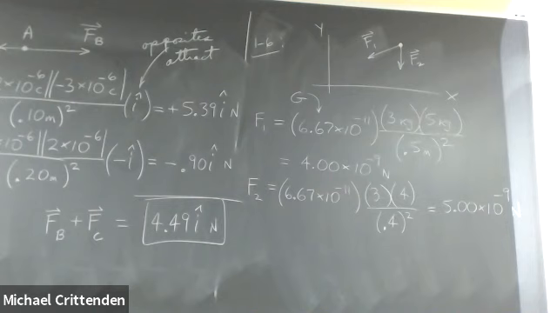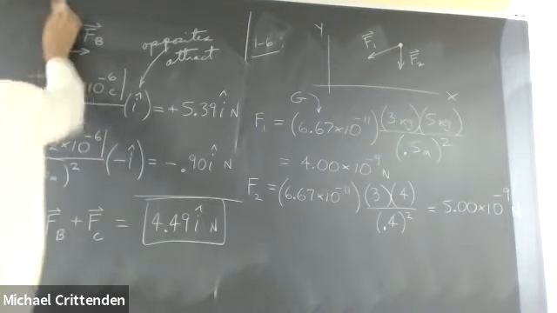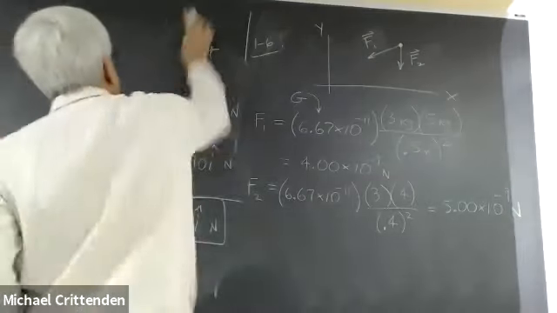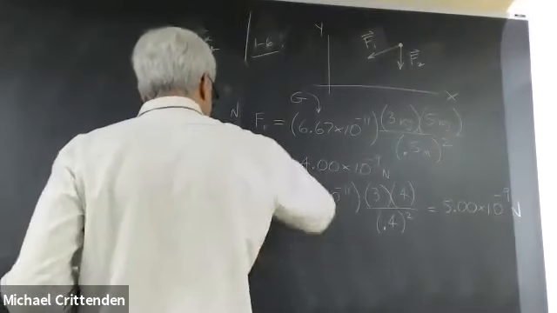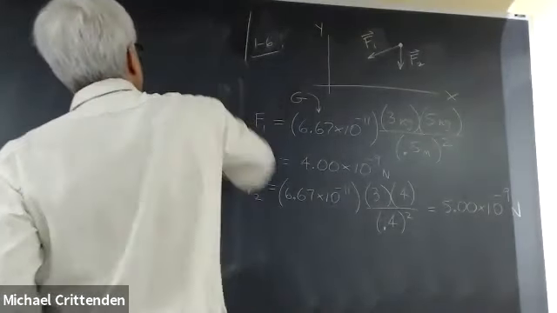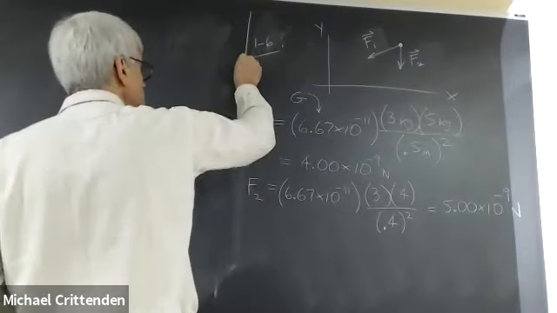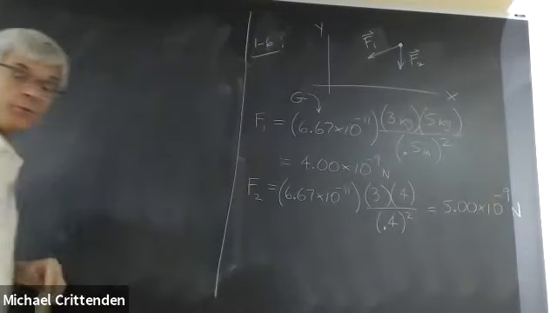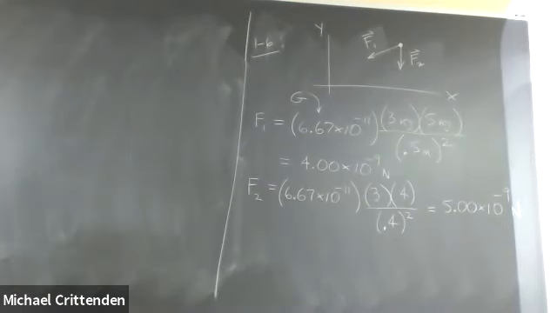Now, this is a fairly popular place to make a pretty serious mistake. People get to this point, and then they say, okay, those are the two individual forces. The superposition principle says to add them. 4 plus 5, 9 times 10 to the negative 9th of a Newton.